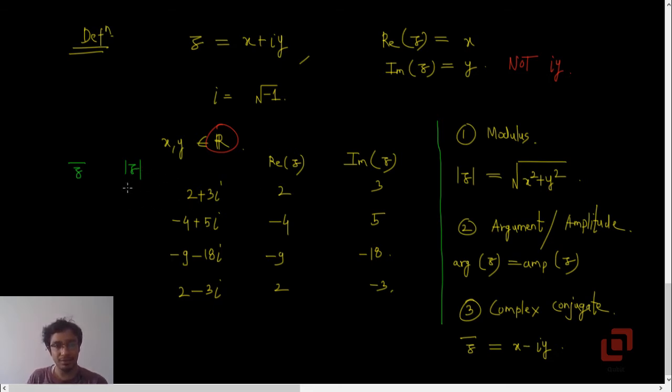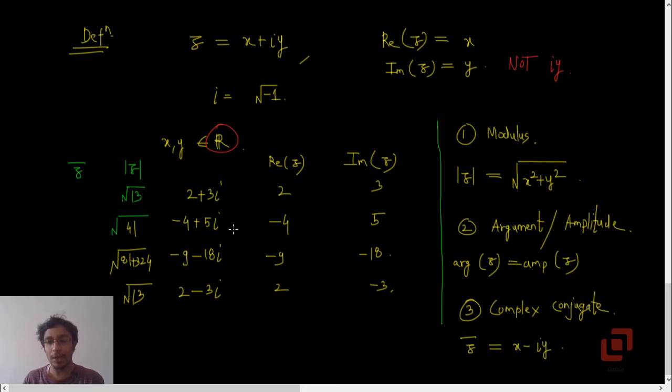First will be root 13, second will be root of 16 plus 25, 41, third will be root of 81 plus 324, whatever that is, and fourth will be again root 13. Remember we are squaring y, we are not squaring iy. So because y is -3, the modulus of the complex number 2 minus 3i is root 13.